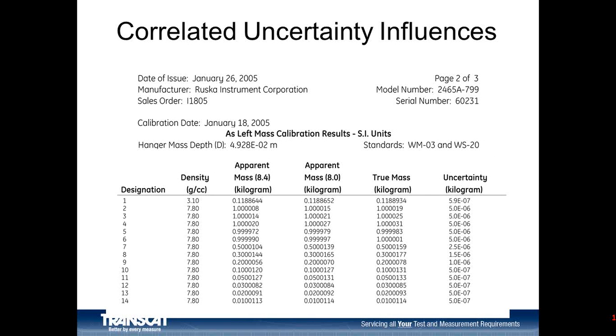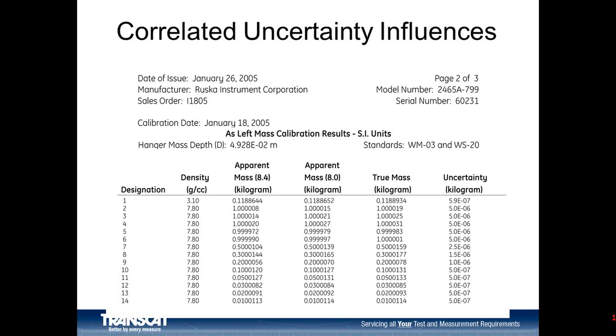Again, this combination by root sum of squares depends on these influence parameters being independent, not correlated. And that's not always the case. There are some correlations that we encounter. One of those has to do with the deadweight tester that we talked about a minute ago.